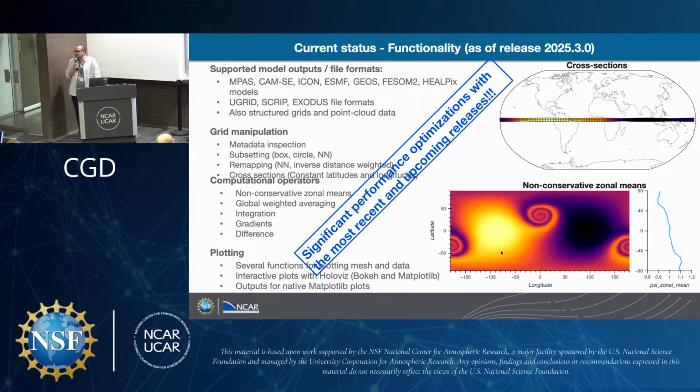And maybe most importantly, if you used UXarray, let's say with the December version or one older version, you would be amazed with how things have been optimized in the most recent versions since the beginning of 2025.